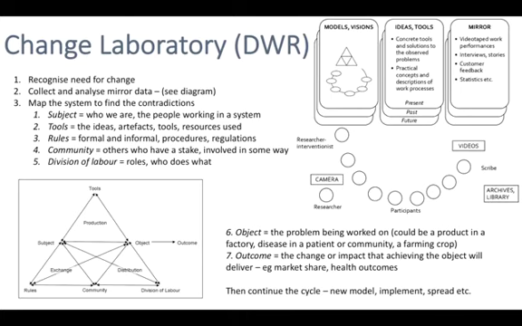So there might be a long list of students wanting to express interest in teaching, but the rules didn't necessarily mean that all those students on the list could teach. So what we did was we then had to identify those contradictions and then plan or develop a new model that would resolve those. So that might involve changing the rules or changing the tools that are involved or changing the division of labour, the roles, and then implement that, see if it worked, and then embed that in the university. And that's exactly what we did. Now, we didn't do a full Change Laboratory, but we used the principles of it.